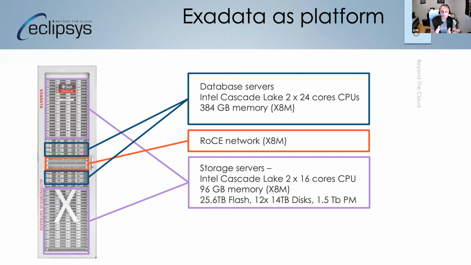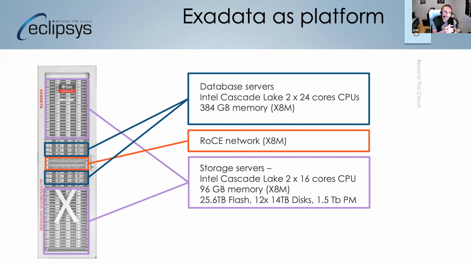You have the same x86-64 database servers. For X8M, it is Intel Cascade Lake, 2 sockets, 24 cores each, with a default 384 gigabytes of memory. Depending on configuration, you can have up to 8 database servers per rack, for a full rack, for example.